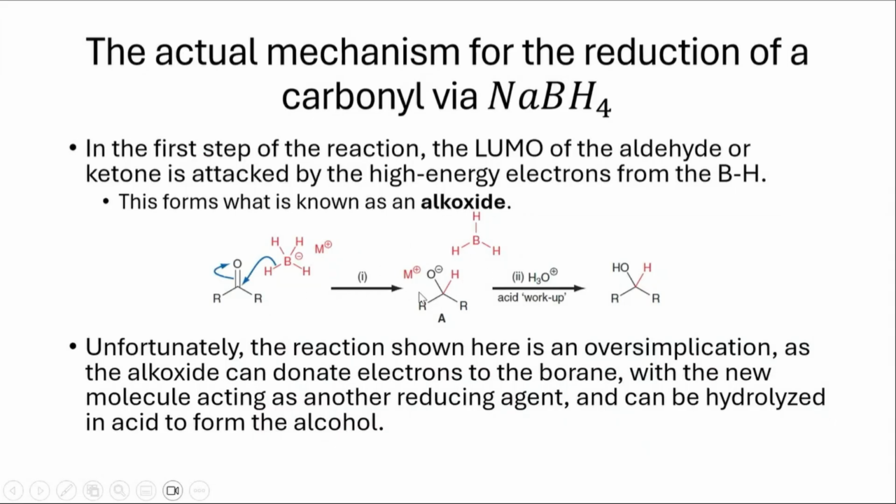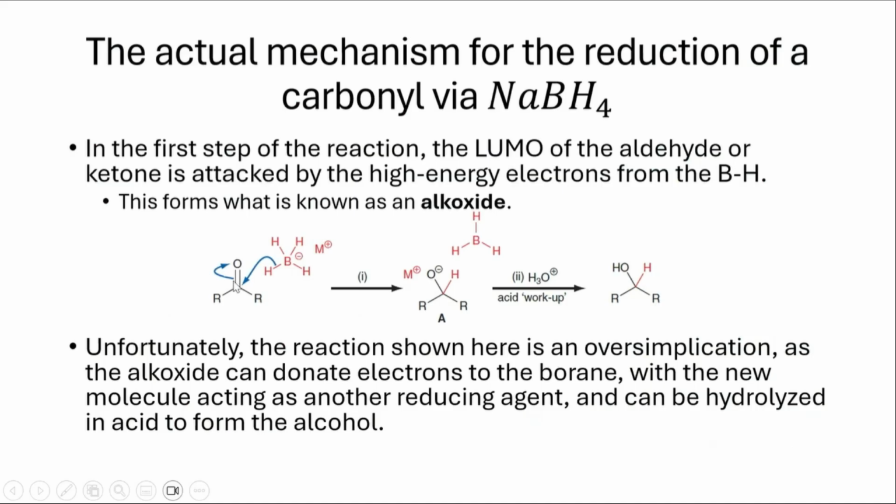So we have borane left here, and we have the alkoxide ion, and this positively charged metal ion. What we will then need is an acid workup to protonate this negatively charged oxygen.